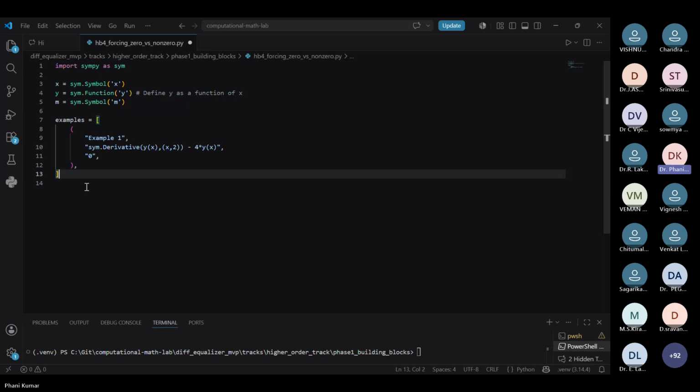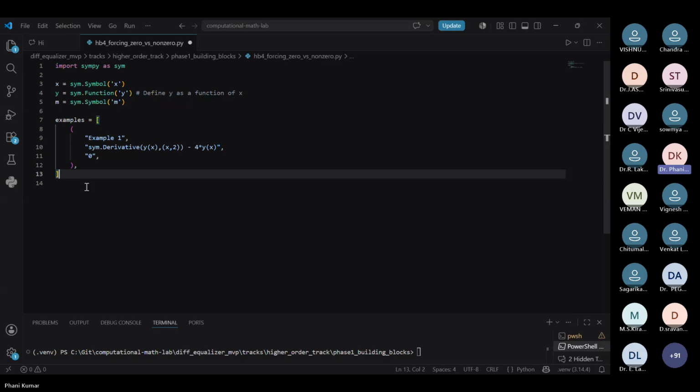So this 2 represents the second order derivative, right? So this is sim.derivative of y of x. This is a function y of x, and x, 2 means this is the second order derivative with respect to x.